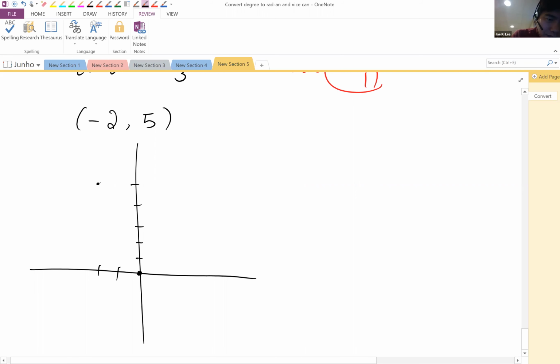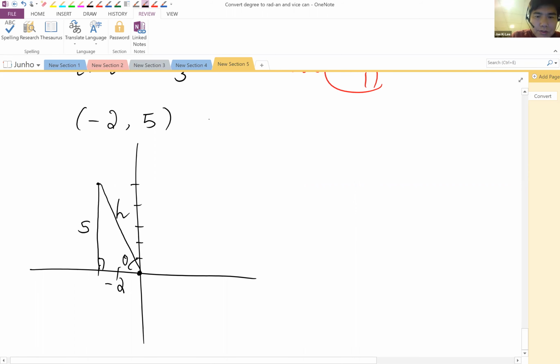If you do the triangle like this, with negative 2 and 5, since we can construct a triangle, you can analyze all 6 different trigonometric functions.